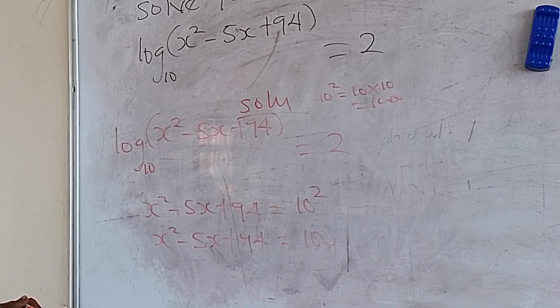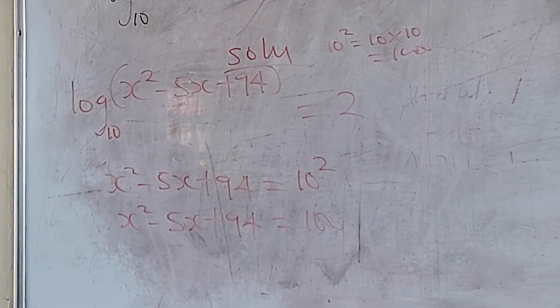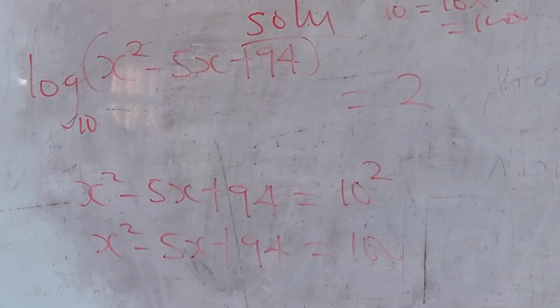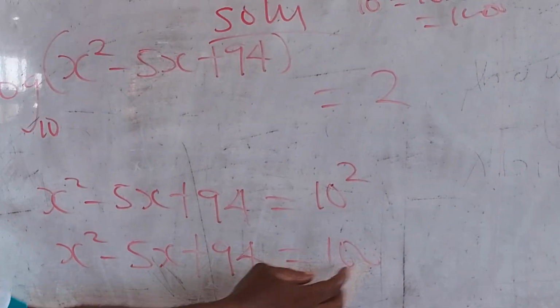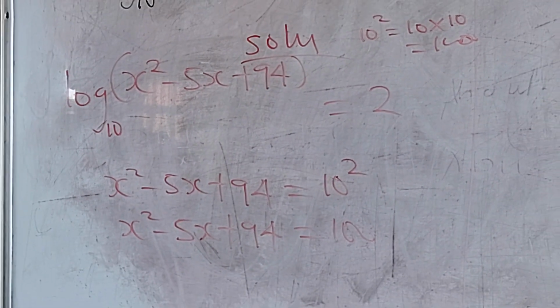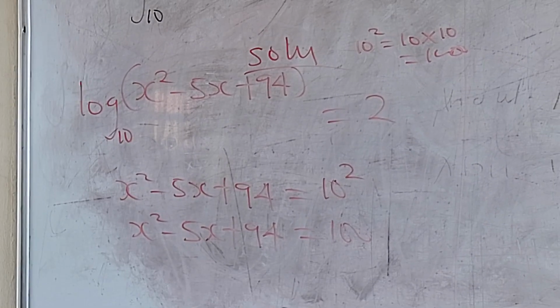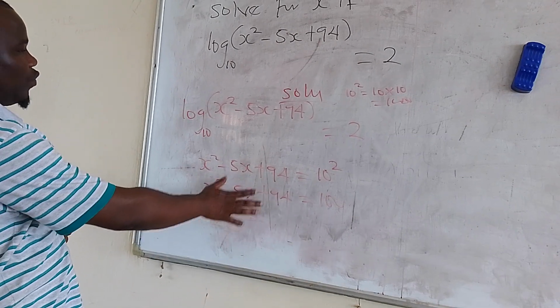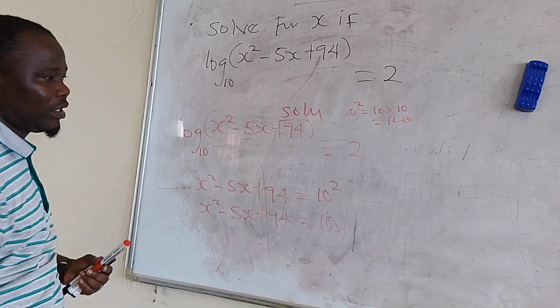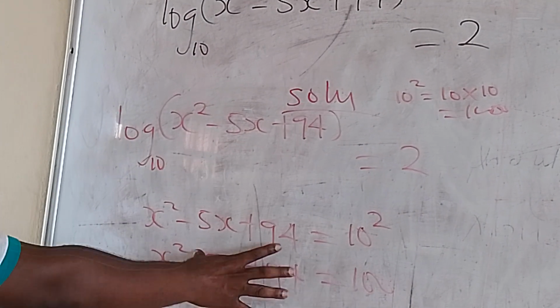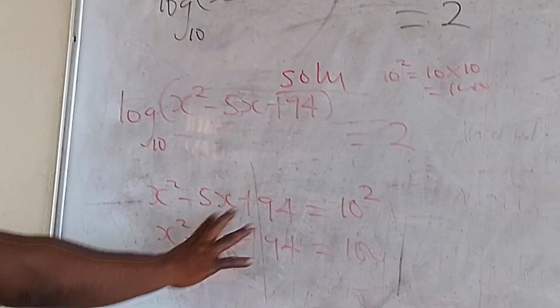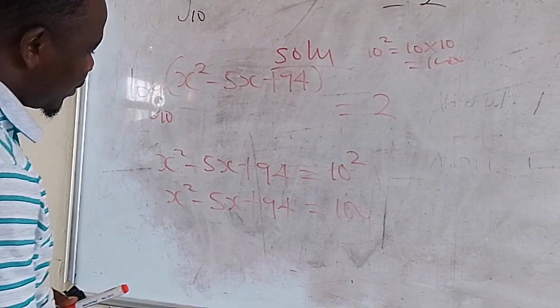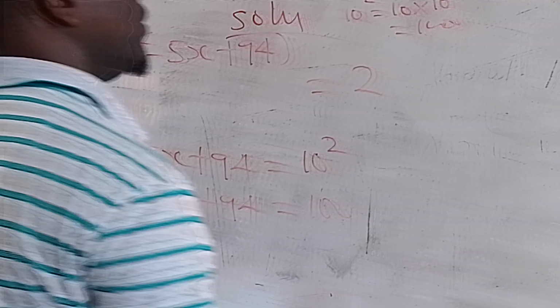What we need to do here is take this 100 to the left hand side and equate it to 0. Now you can see that we have reduced this logarithmic equation to a quadratic equation. You don't need a prophet to tell you, true or false. This is a quadratic equation already.